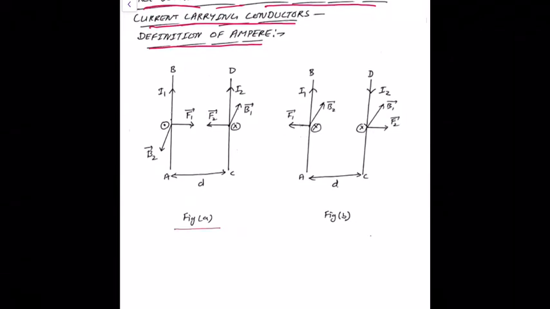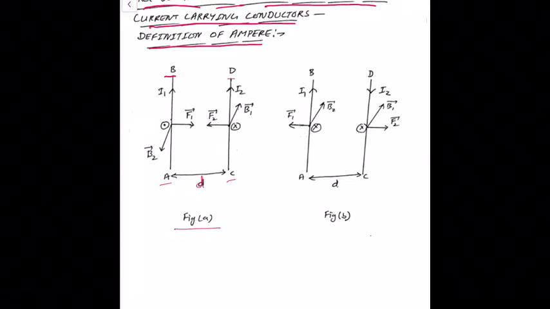In the diagram, figure A, consider two long conductors AB and CD placed parallel to each other at a distance D apart.